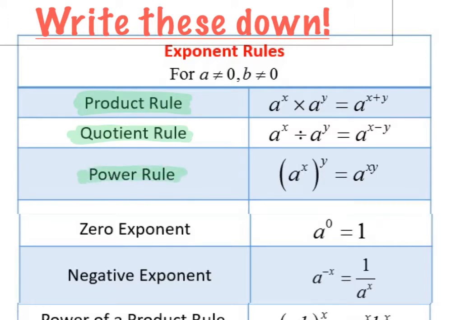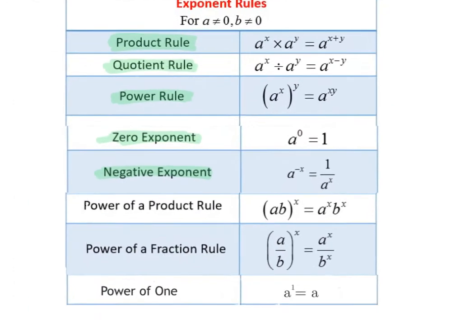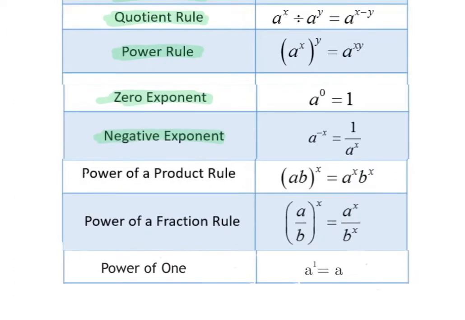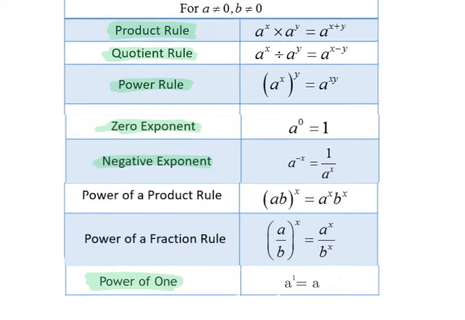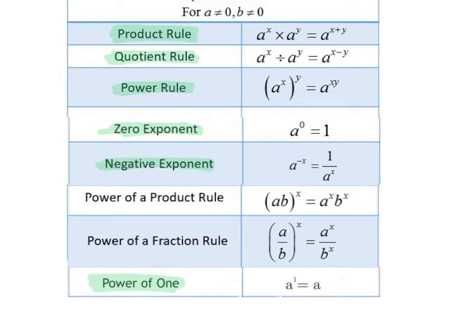Power of powers, so just the power rule, the zero exponent, and the negative exponent. The power of 1 is very self-explanatory, so it actually wasn't even included on here, so I just put it at the bottom. Make sure that you have those that I highlighted in green copied down. You can pause the video and copy them down, so I don't have to stay on this for a long time. As long as you have them copied down, we're good.